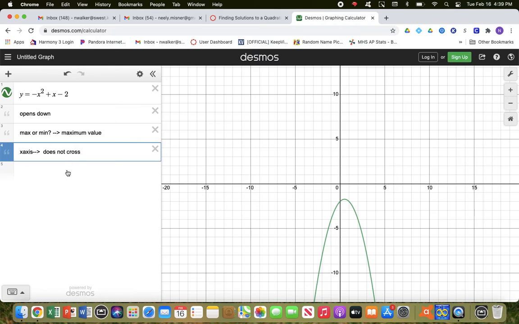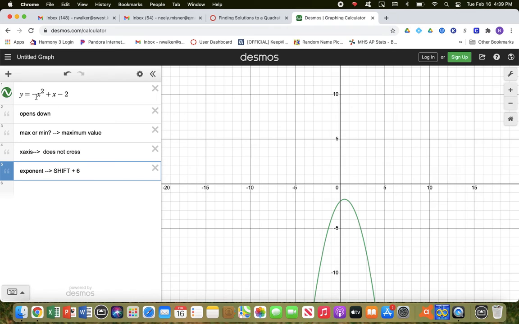I just want to remind you that if you want to type in an exponent, you hit Shift plus 6, and then that will create your exponent.